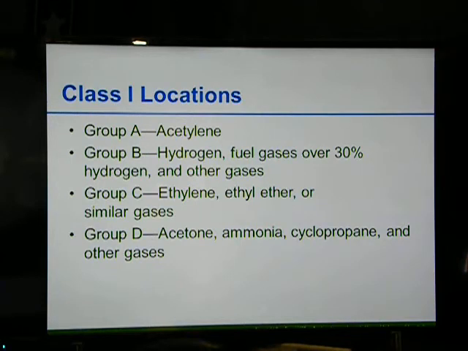This says Group A is acetylene; Group B, hydrogen, fuel gases over 30% hydrogen, butadiene, ethylene oxide, propylene oxide, acrolein, and similar gases; and then Group C, ethylene, ethyl ether, or similar gases; Group D, acetone, ammonia, cyclopropane, hexane, methanol, methane, natural gas, naphtha, propane, gasoline, alcohol, benzene, butane, ethanol, or other similar gases.